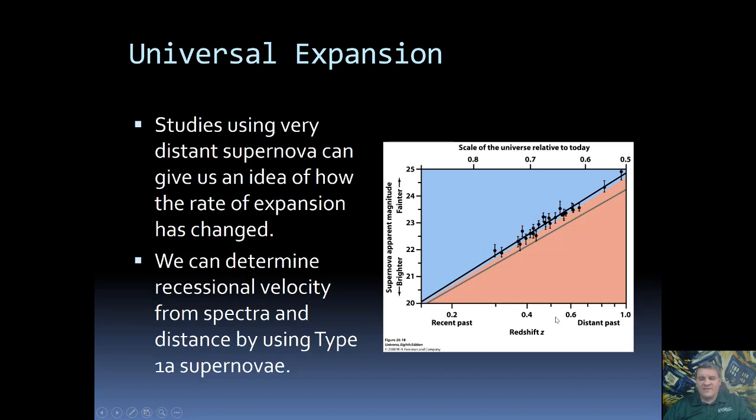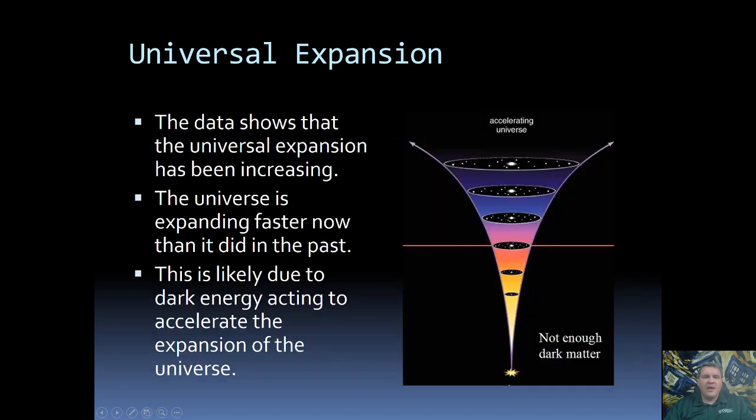Okay, now the redshift, z, is going to be related to the expansion rate of the universe. So we have expansion of the universe compared to distance, and remember, distance is also related to time. Okay, so we can compare distances and expansion rate, or time and expansion rate.